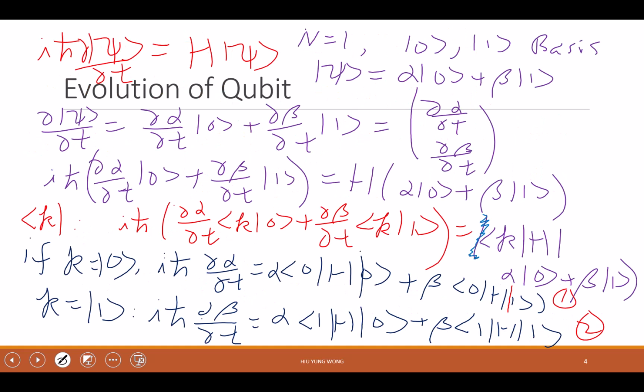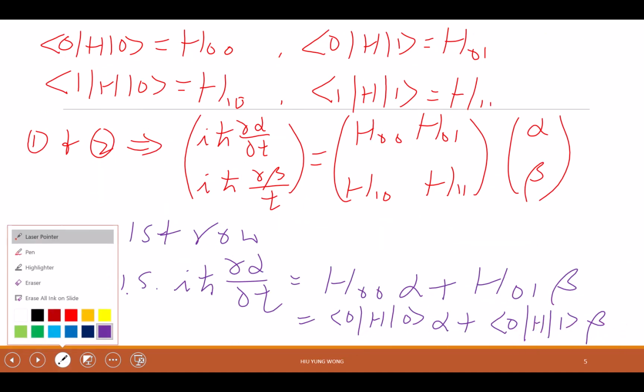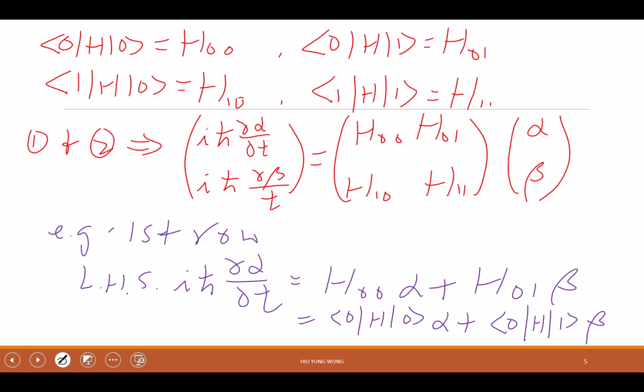Take a look. What was this first equation? <0|H|0> alpha, <0|H|1> beta, right? So we did not do anything new. This is just equivalent to equation 1. What we are doing is just trying to solve this.